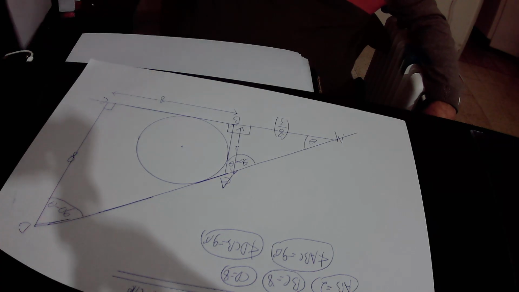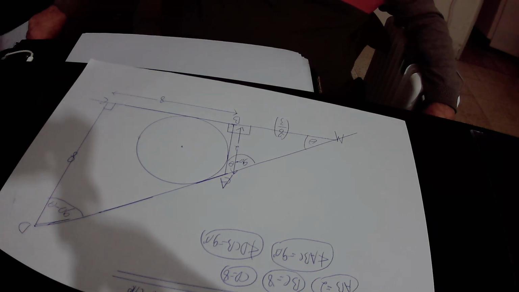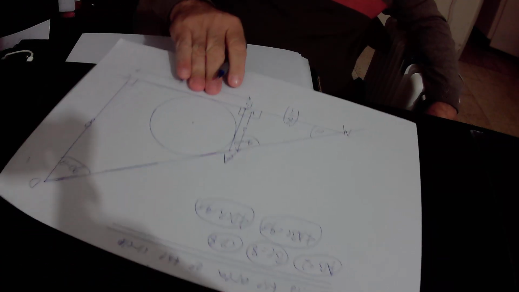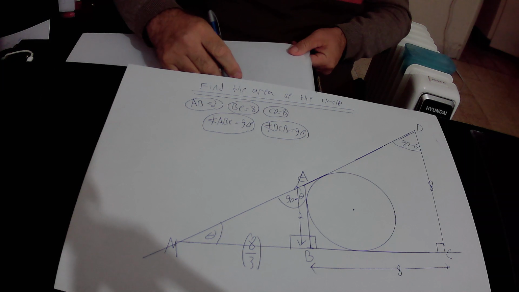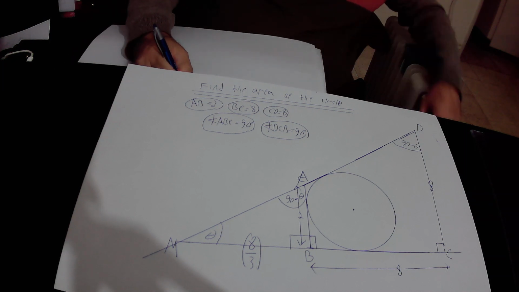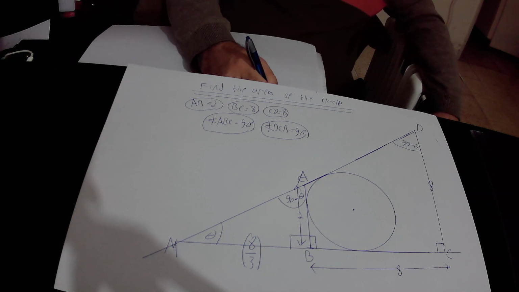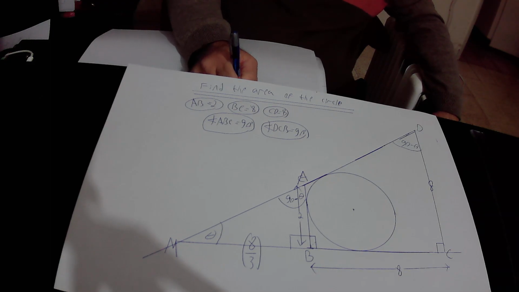In the next step, we'll implement the Pythagoras theorem on the small right triangle, triangle AMB. Here, PT is the abbreviation for Pythagoras theorem.